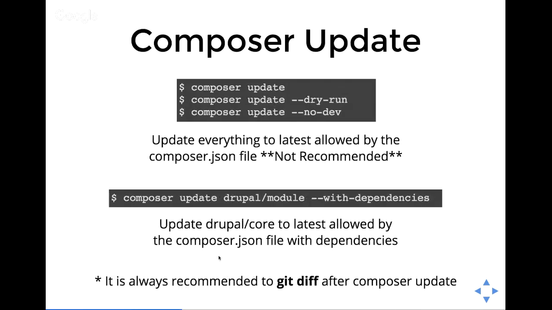Now, at the top, we have just Composer update, which is going to go through your entire project and update everything. It's going to update all of your modules to the latest version allowable by your JSON file, which is not a good idea.